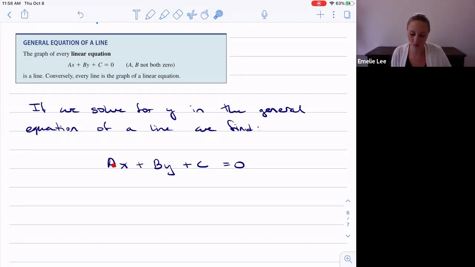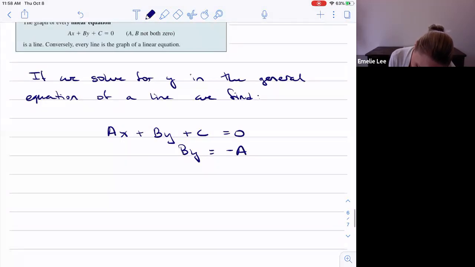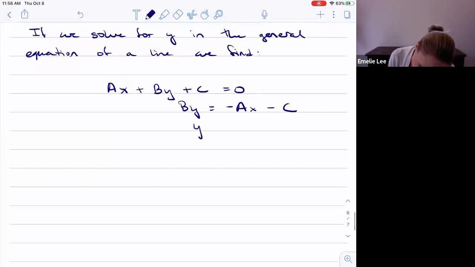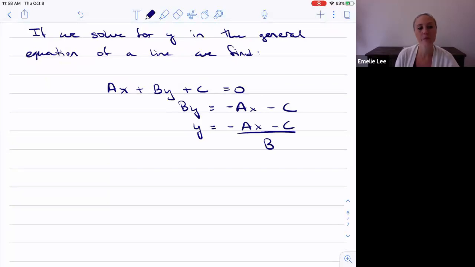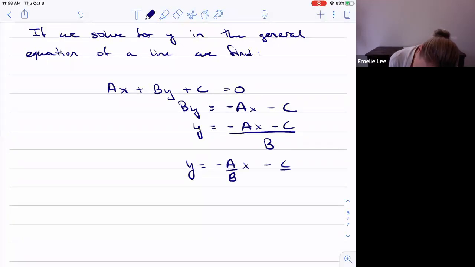So what I'm going to do is subtract ax and subtract c. And so what I get is by is negative ax minus c. I'm going to keep the negatives here. I could factor out that common negative, I'm just going to leave it because it doesn't actually matter. And then I just have to divide by b on both sides. Negative ax minus c all divided by b. I can split this up, so I get y equals negative a over b x minus c over b.